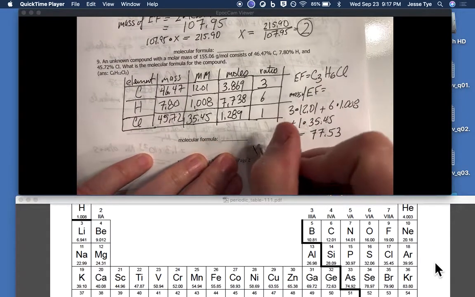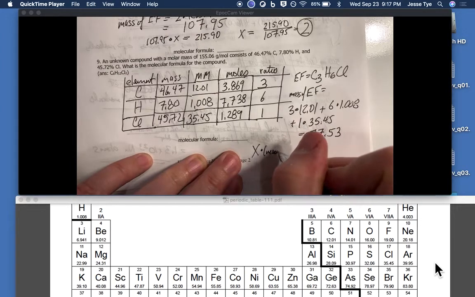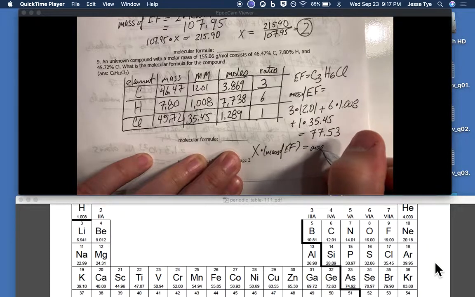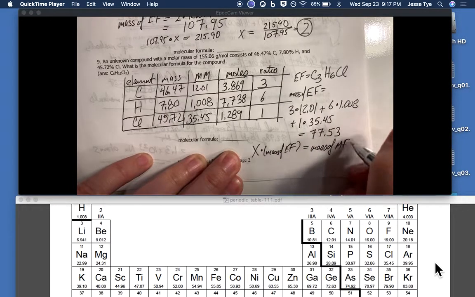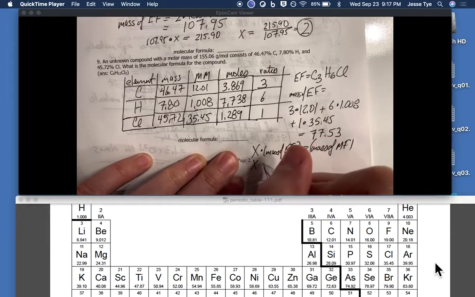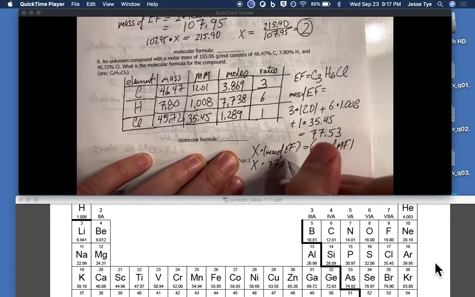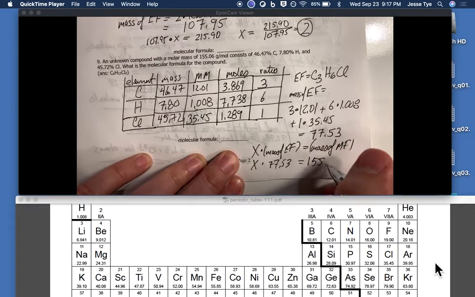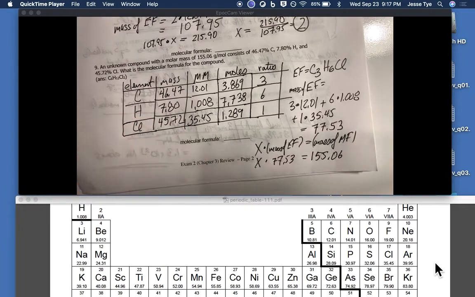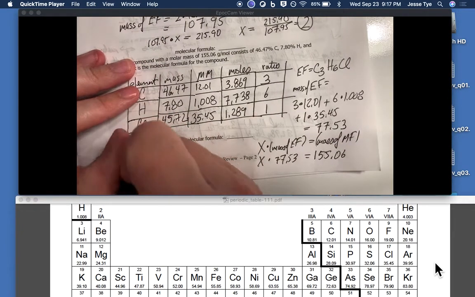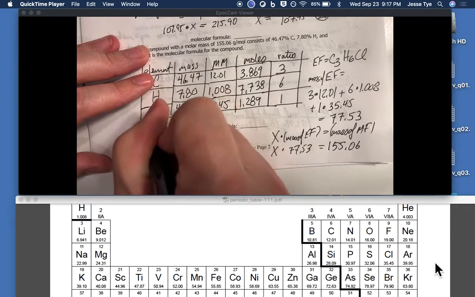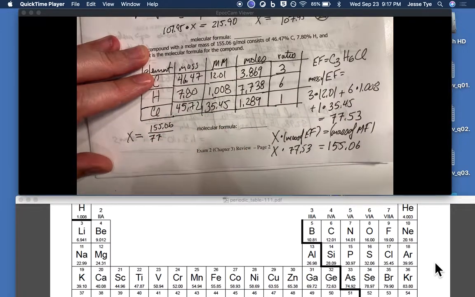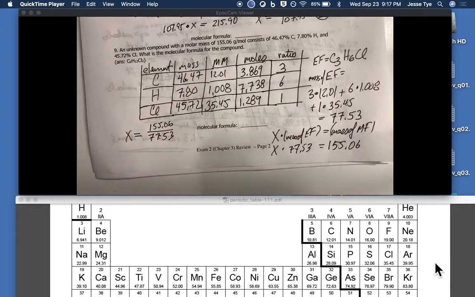And so I'll remind you again, X times the mass of the empirical formula is equal to the mass of the molecular formula. X times 77.53 is equal to then 155.06, and so X is 155.06 divided by 77.53.